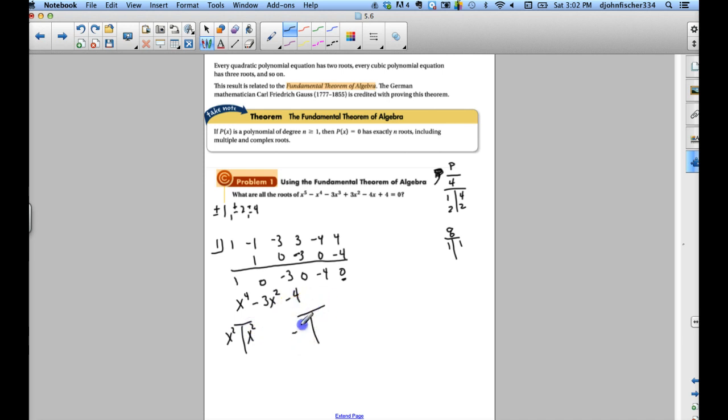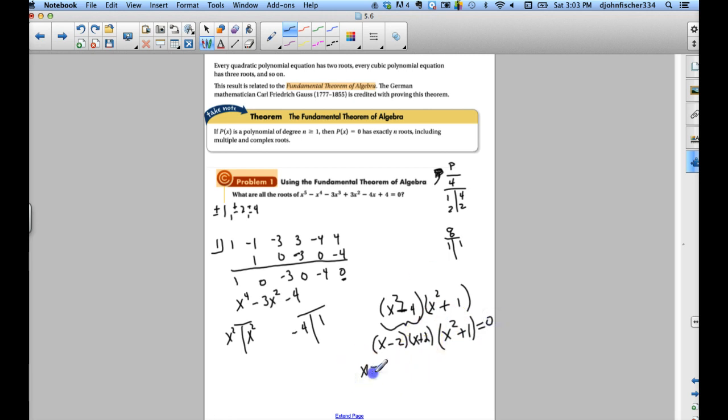And this would factor down to a -4 and a +1 to make the -3 I want. So this would be x squared minus 4 times x squared plus 1. If I solve this part right here, it would be x minus 2, x plus 2, then x squared plus 1 equals 0.